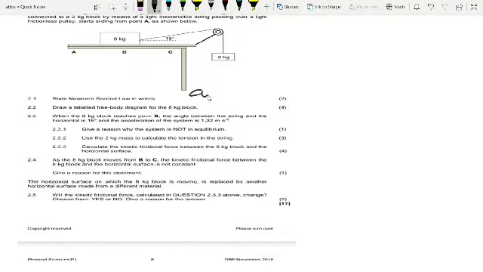The F net is directly proportional to the acceleration. Similarly, the F net is inversely proportional to the mass.